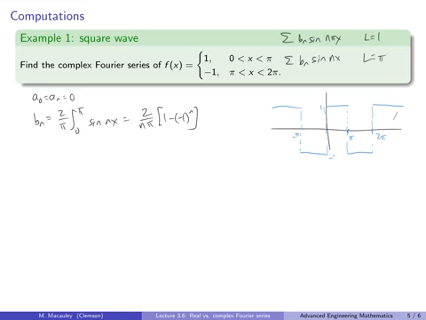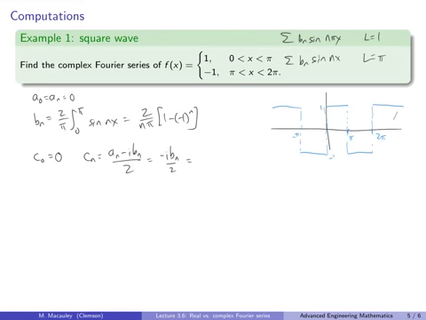So let's compute the complex coefficients. So c naught is the average value. That's equal to 0. So c naught is 0. And cn, we just use our formula. We use an minus I bn over 2. So the an's are 0, so this is negative I bn over 2, which is, so we take this and we divide by 2, so we get rid of the 2 and we stick a negative I up front.